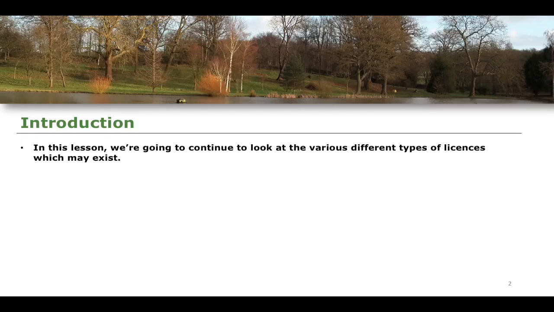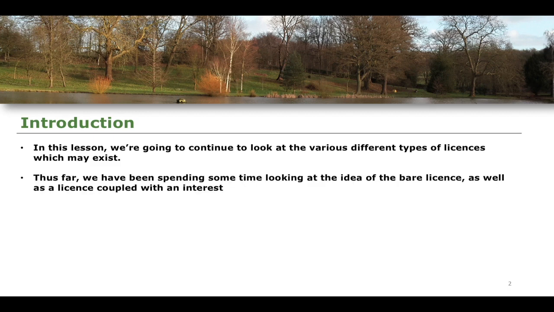We're continuing to look at the various different types of licenses which may exist. So far, we've spent some time looking at the idea of a bare license on the one hand, which is just simply a basic permission, a basic right that can exist. If I were to invite my friends round for some drinks, I would be giving them license to enter onto my property.